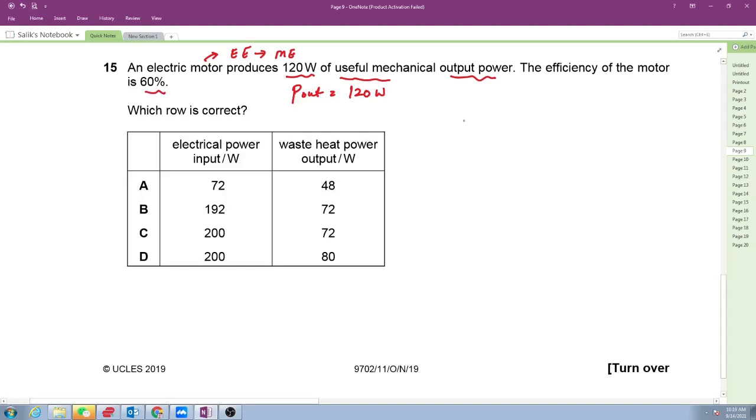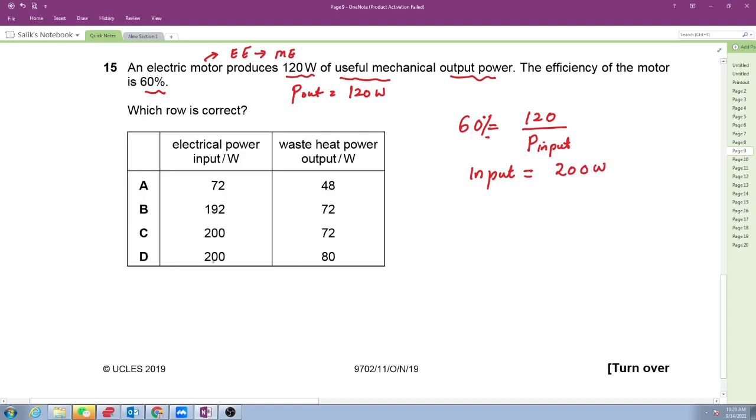Our formula is efficiency equals useful energy output over total energy input. So 60% equals useful output 120 over the total power input. After simplifying, the input power comes to 200 watt.